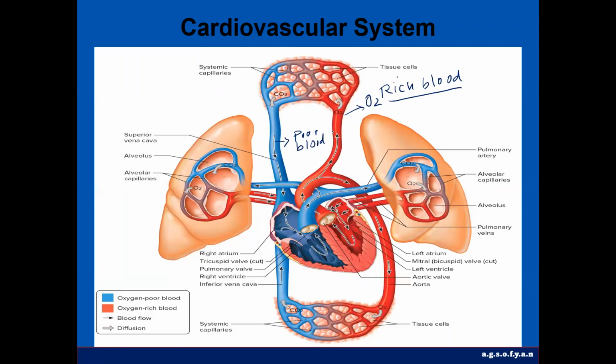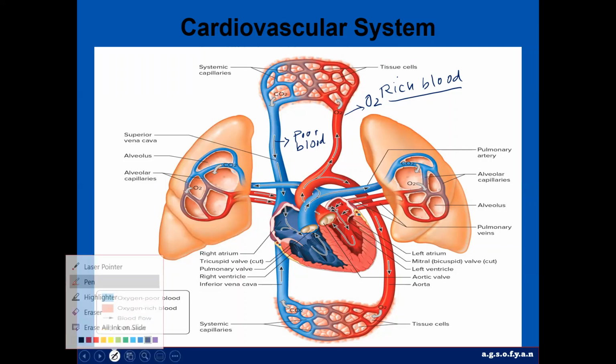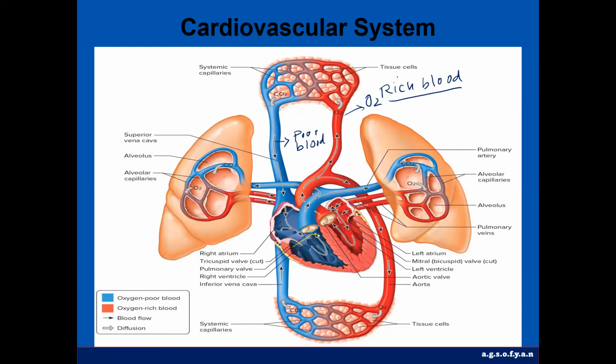Okay, we're gonna start from the right side of the heart over here. This side is called the right ventricle. It's blue in color, which means it's filled with poor blood, and then the blood will be pumped into this artery.